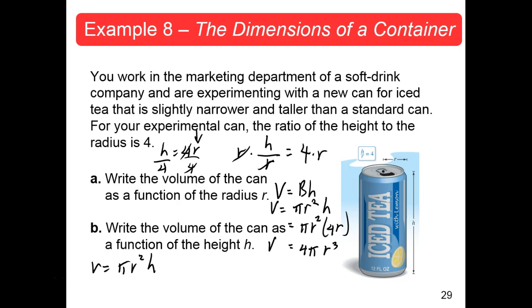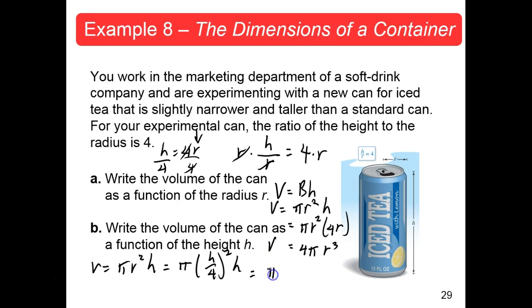So now, that's what we plug in. We have pi times, and R is H over 4, so it'd be H over 4 squared times H, right? H that was already there. And what does that give us? Anybody? Pi.